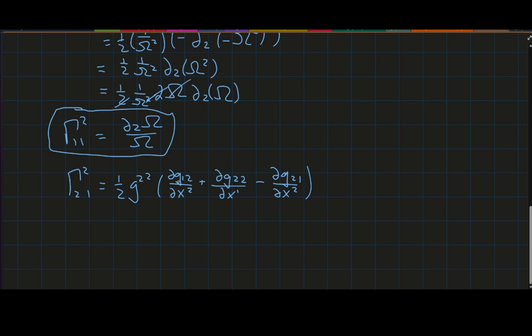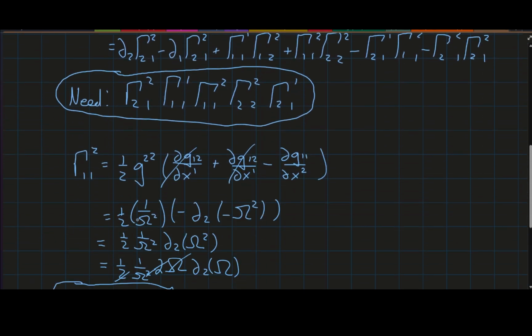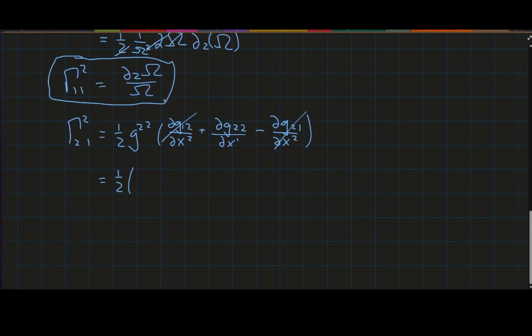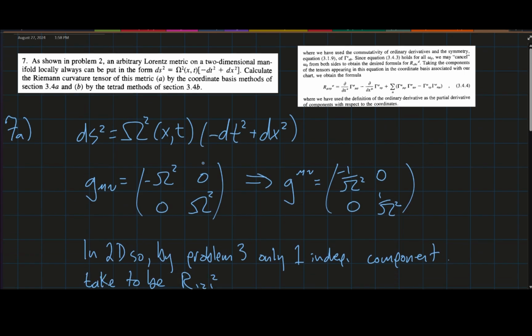So the off diagonal components obviously are going to go away like always. So we get 1/2. This g22, if I remember correctly, is 1 over omega squared. Maybe there's a minus sign. There's not a minus sign. 1 over omega squared. And then we get the derivative of g22 with respect to the first coordinate. So let's see, g22 is what again? Minus omega squared? No, just omega squared.